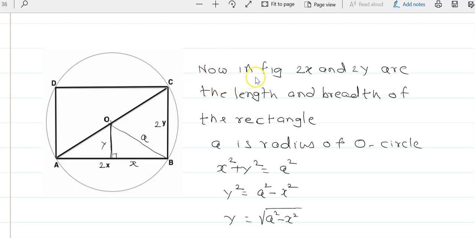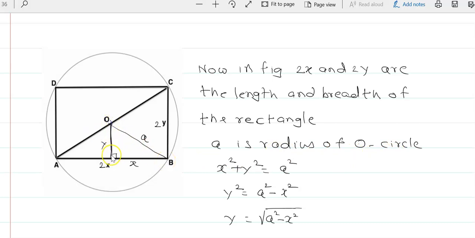Now in the figure, 2x and 2y are the length and the breadth of a rectangle. Here is 2x and here is 2y. a is the radius of the circle.